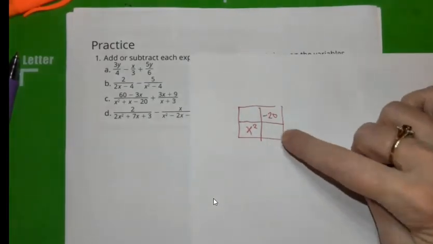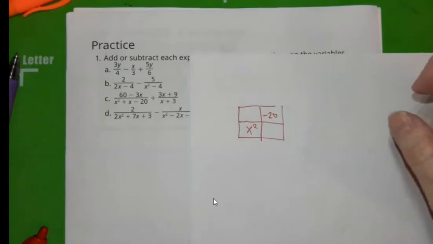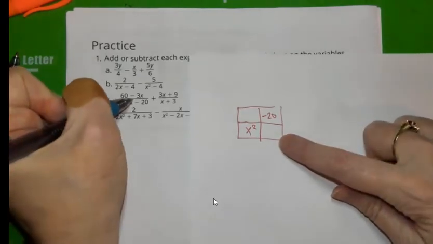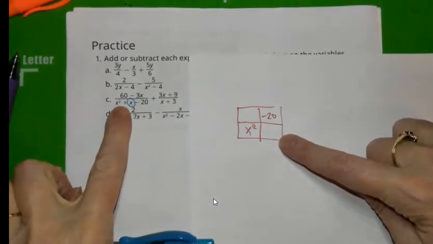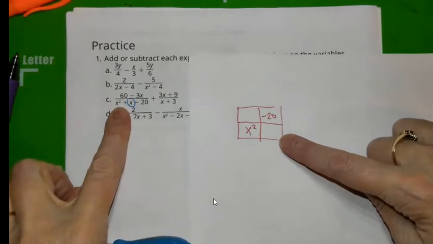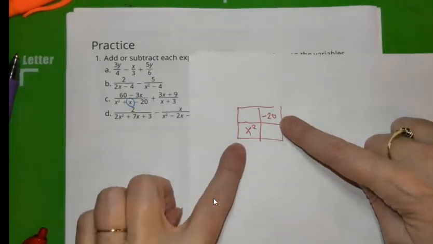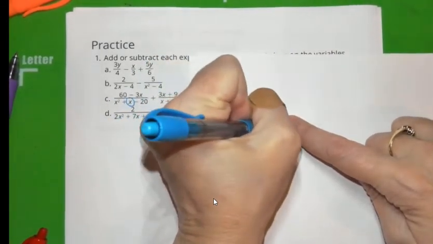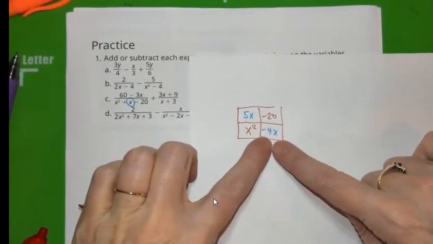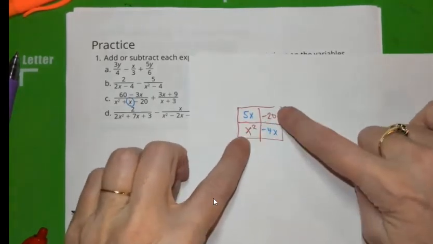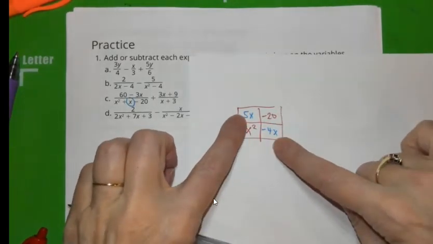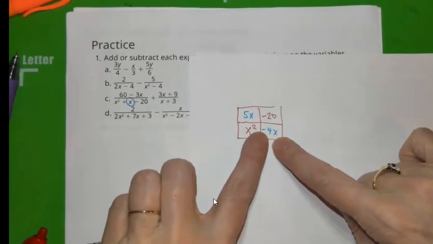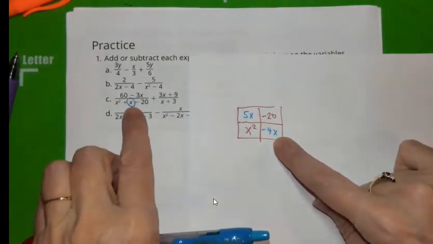The other 2 corners of my box need to have that product, and they need to have a sum of x, or 1x. So to do that, I would need to use a positive 5x and a negative 4x. That's because 5x times negative 4x is the same as this product, negative 20x squared. 5x minus 4x is 1x, which is that middle term of my trinomial.